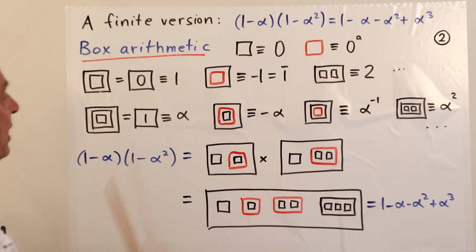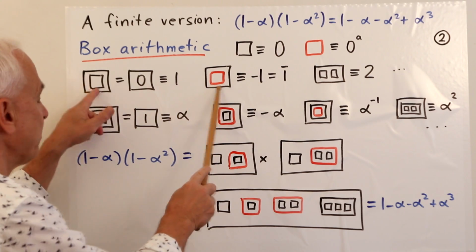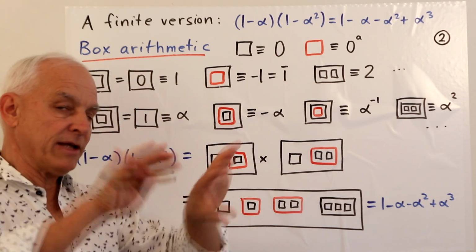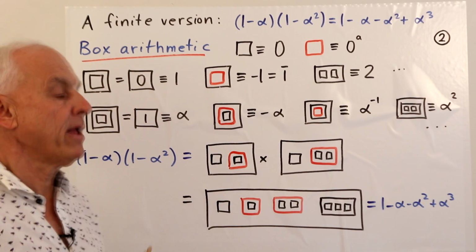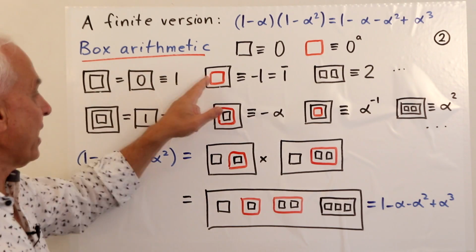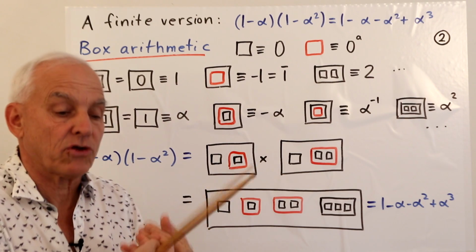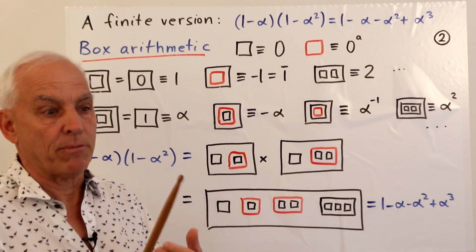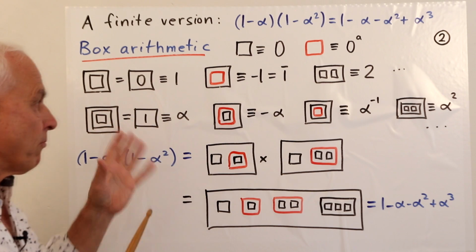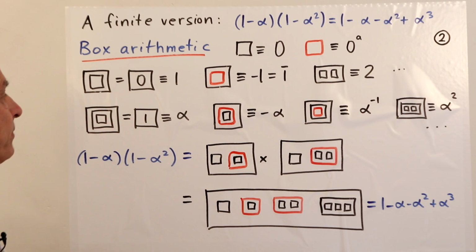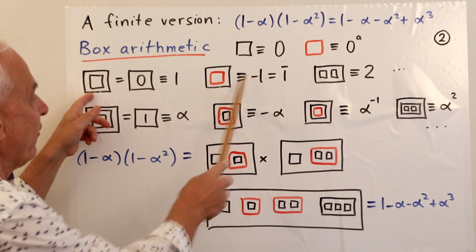And the crucial thing is that if you add this box to this box, by that we mean we dump out the contents into another box, then the black box and the red box being inside the same box, they annihilate. That's the crucial particle-antiparticle property of these black and red objects. Okay, so that's why we get minus 1.